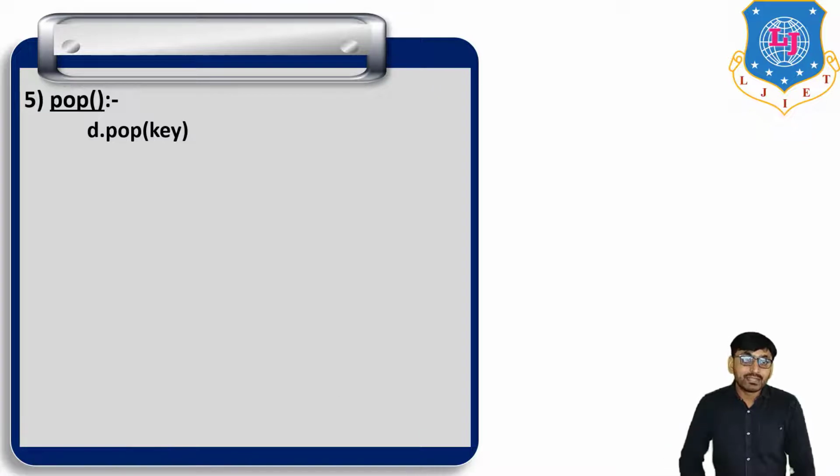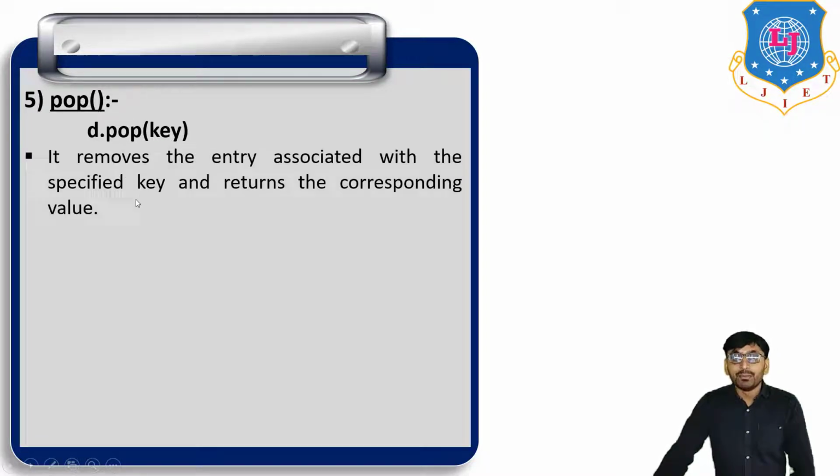Then next one, that is pop function. So d dot pop and inside the parenthesis key. It removes the entry associated with the specified key and returns the corresponding value. So this pop function is used to remove the entry associated with that key.